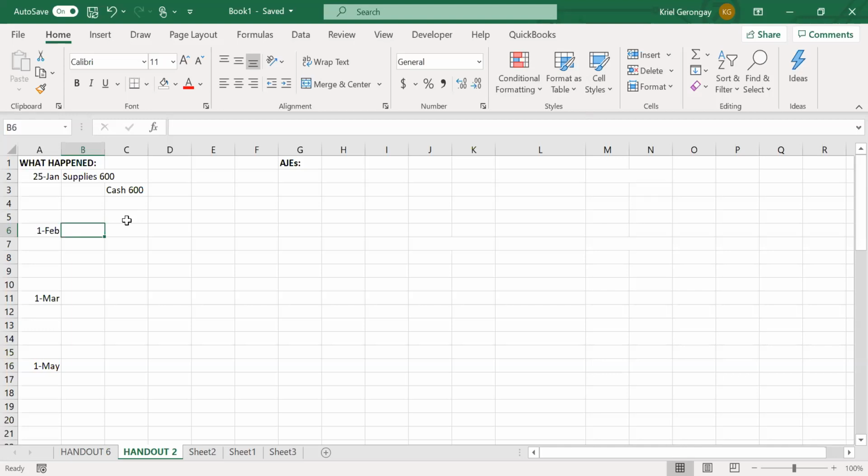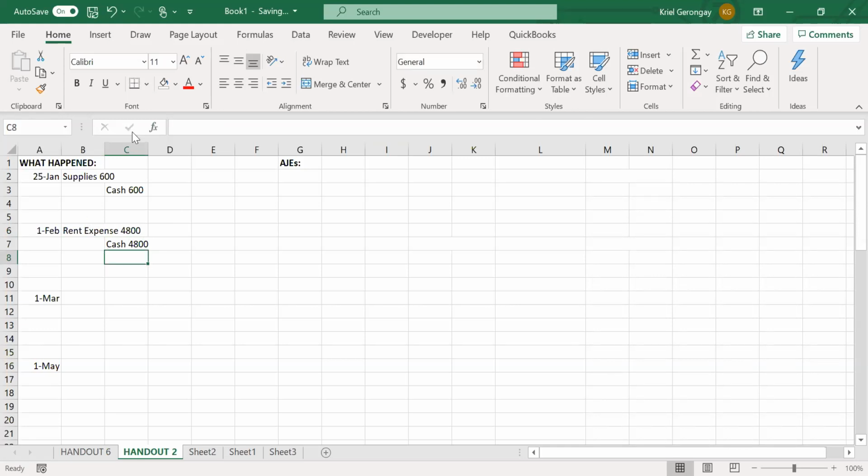So the adjusting journal entry, just to let you know ahead of time, would be an unusual journal entry. For this one, it'll be rent expense for $4,800, and your credit would be cash for $4,800 because you paid it in full.